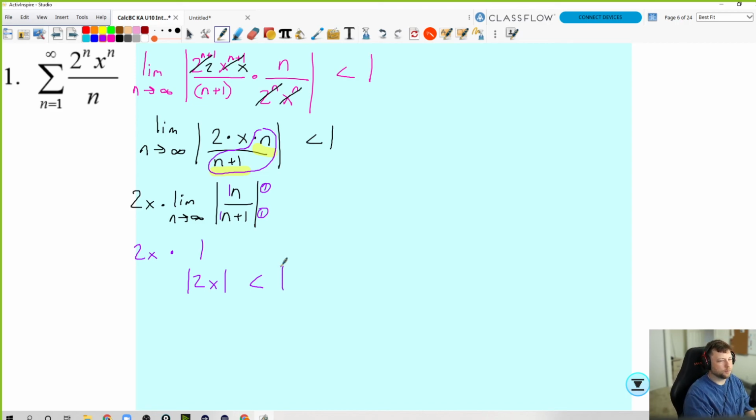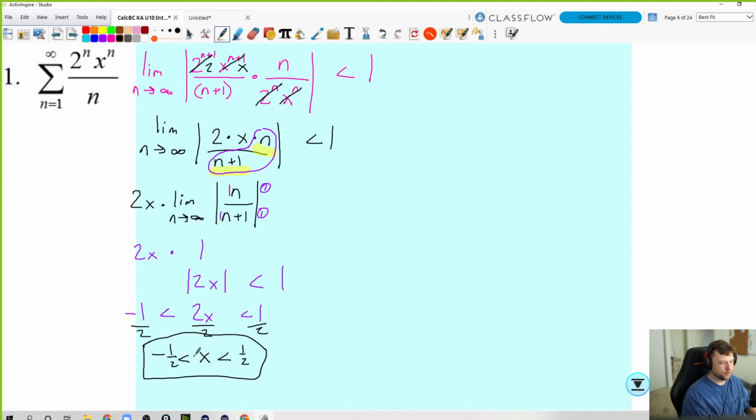That's what you simplify it down to after you do that limit stuff. Limit is gone. Let's get rid of those absolute value signs. And then isolating the x, we divide by 2. So I can say my x is between 1/2 and negative 1/2. So that's my interval of convergence.